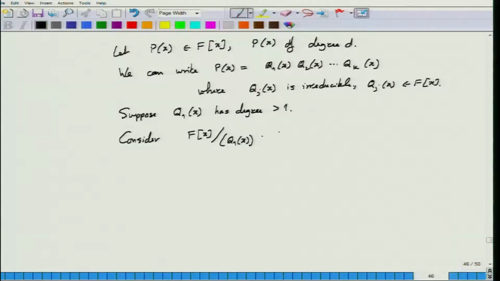Let the degree of Q1 be d1. Then the elements of F, let's call this F hat, okay, I'm giving away the name.